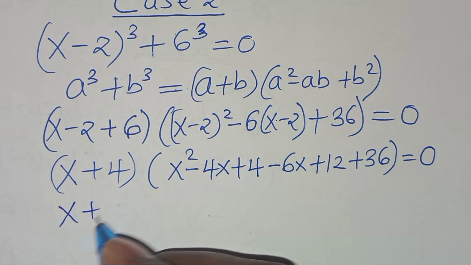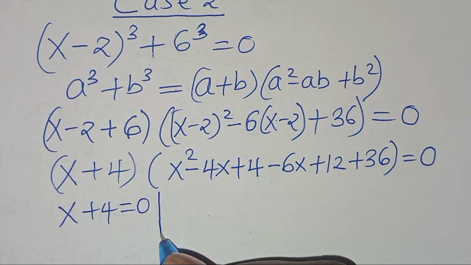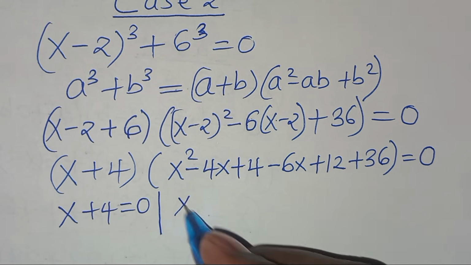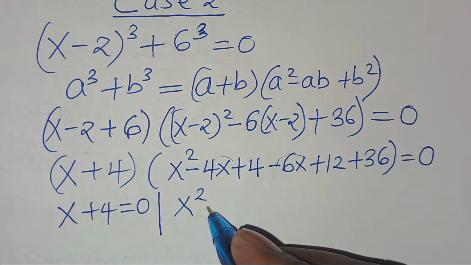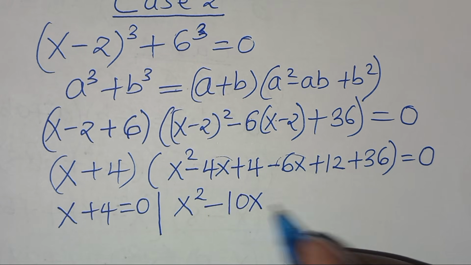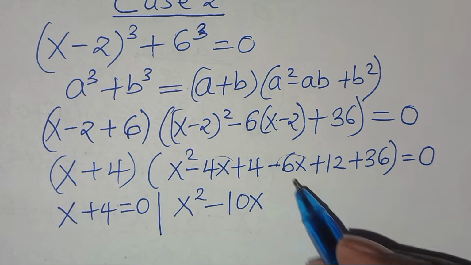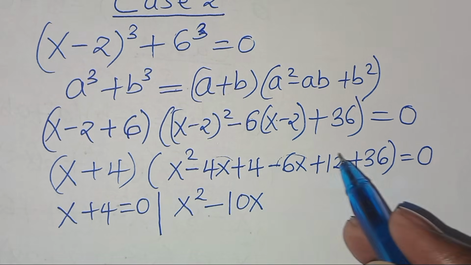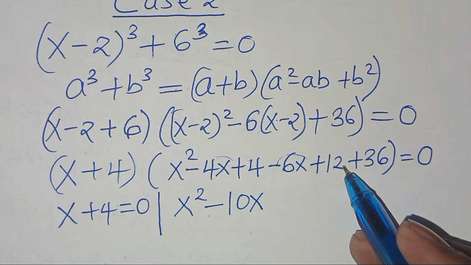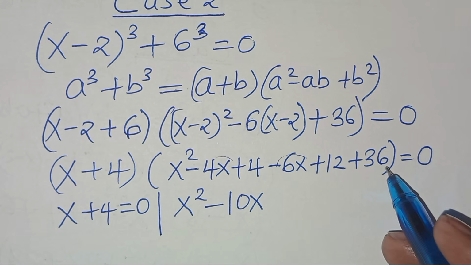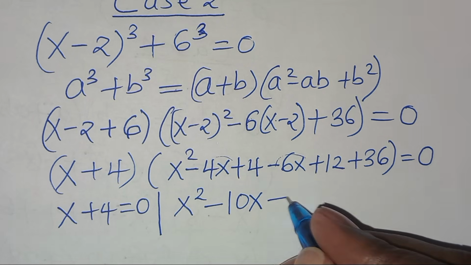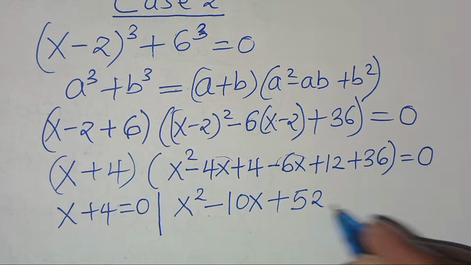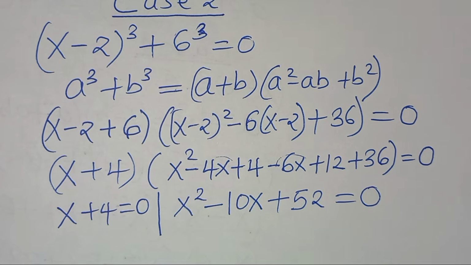The first part is x plus 4, this is equal to 0. The second part here we have x squared, we have minus 4x minus 6x, this is minus 10x. And then we have 4 plus 12, this is 16. Then we have 36 plus 16, and this is plus 52. This is equal to 0.